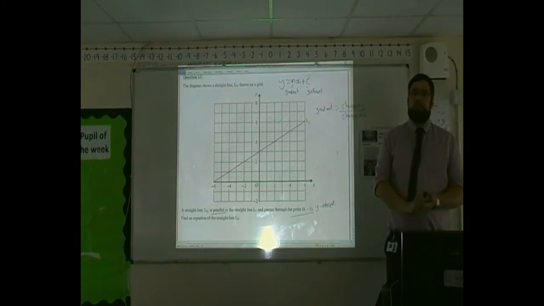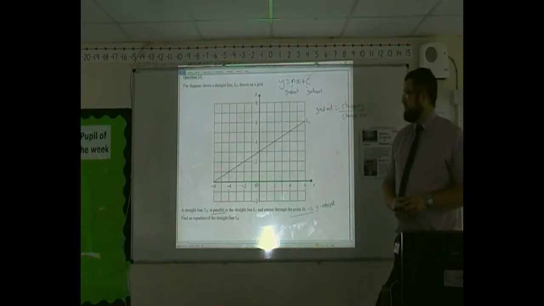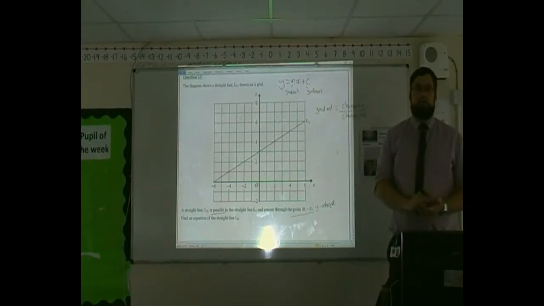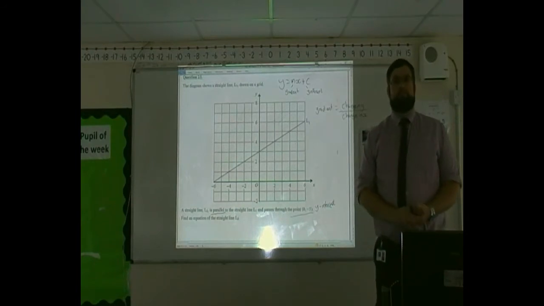There's all the information you need for this question. Find the gradient, then use that to form the equation in this format for the line L2. Pause the video and have a go at the question now.